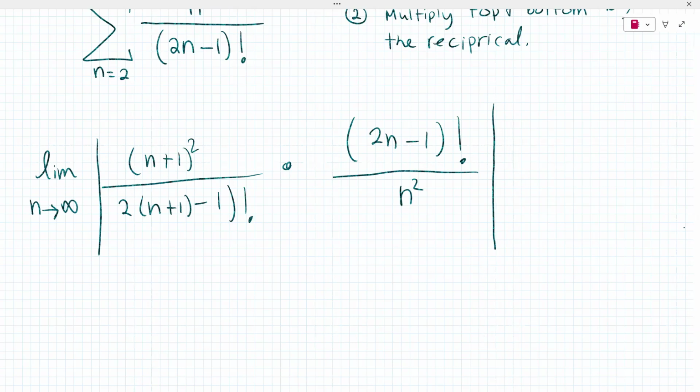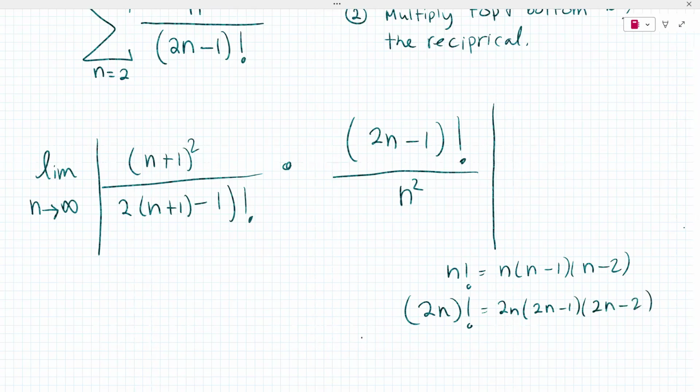So we're dealing with factorial, so we know that n factorial is the same thing as n times n minus 1 times n minus 2. And then 2n factorial is the same thing as 2n times 2n minus 1 times 2n minus 2.